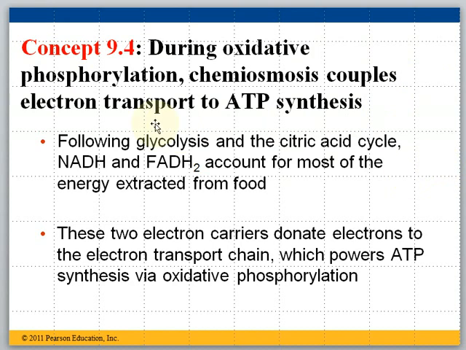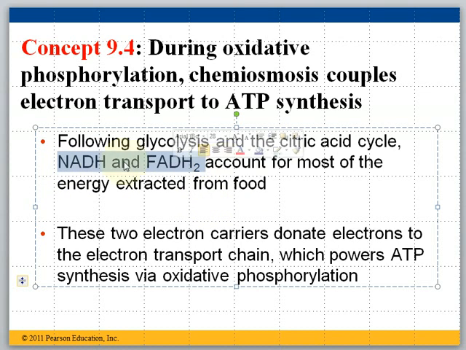So in the first 2 steps, glycolysis and the citric acid cycle, we didn't create a lot of ATP. We've only created 4 ATP total in all of the 2 steps, and that's not a lot. So where is the rest of the energy from the glucose? Well, the rest of the energy is still tied up in these 2 electron carriers, NAD+, which became NADH, and FADH2.